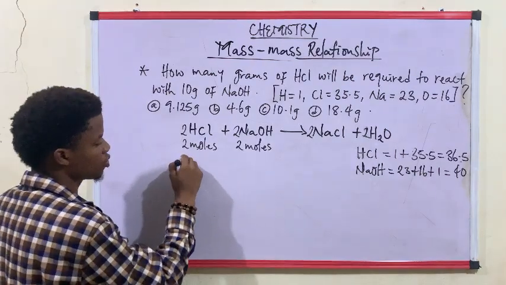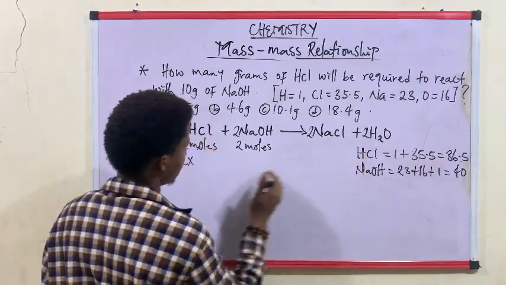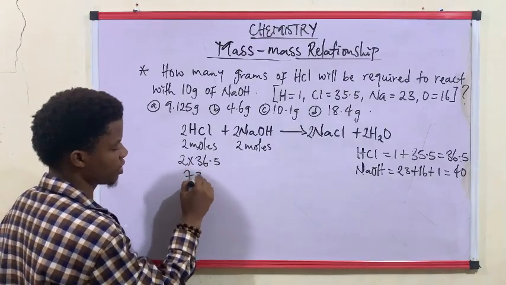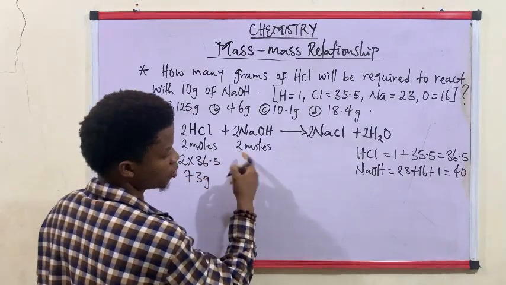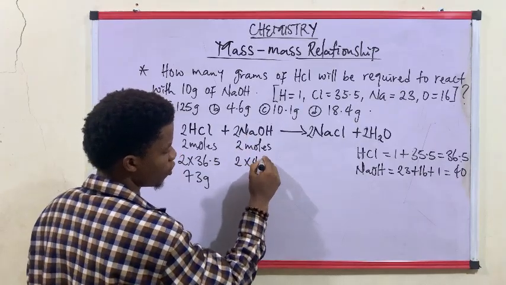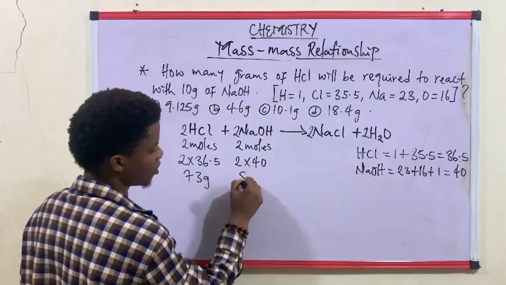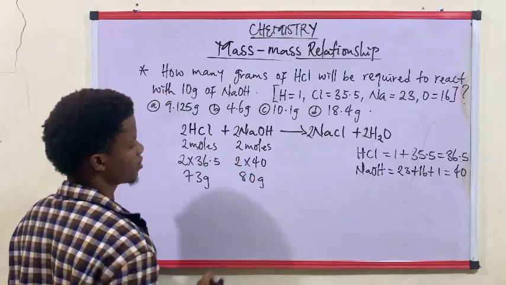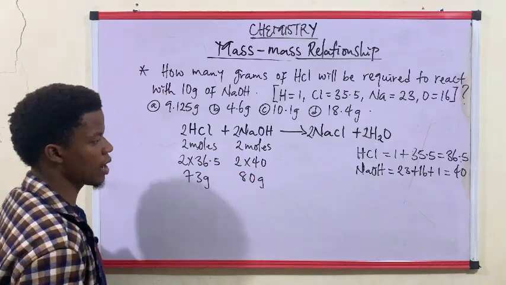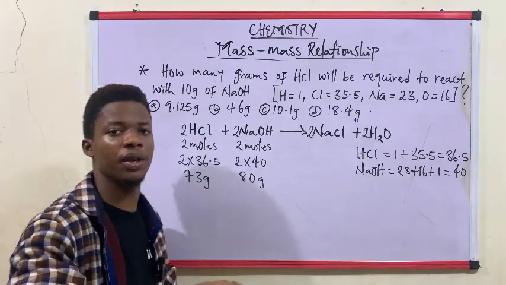It becomes 2 times the molecular mass of HCl, 36.5, which will give us 73 grams. Then 2 times the molar mass of NaOH, which is 40. When we do that, it's going to give us 80 grams.